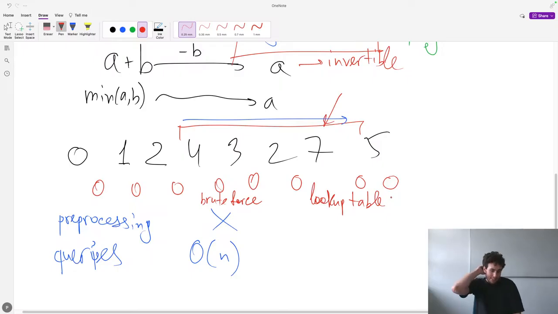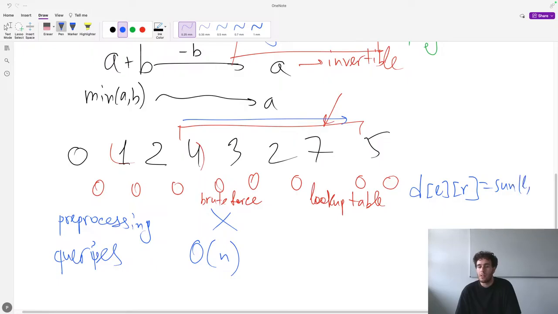In this situation, I just look at all possible segments, and I just compute the answer for these segments. So I have just some array, I don't know, let's call it D, where for every left bound and every right bound, I store, in this case, the minimum of this segment of the array, right?